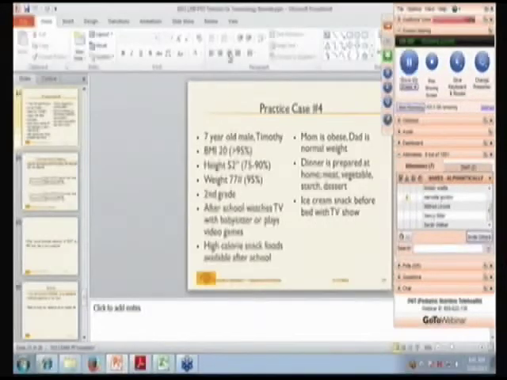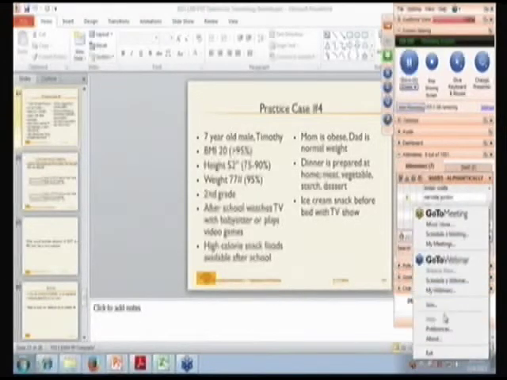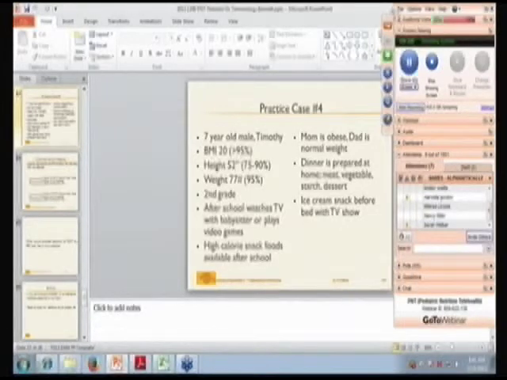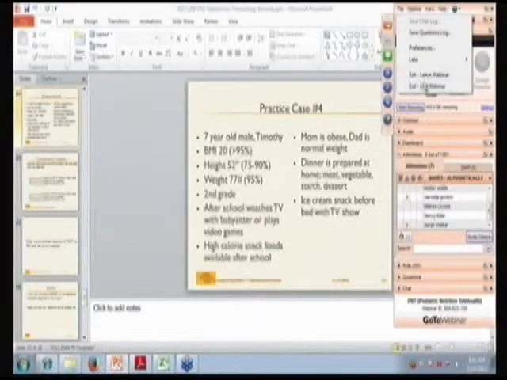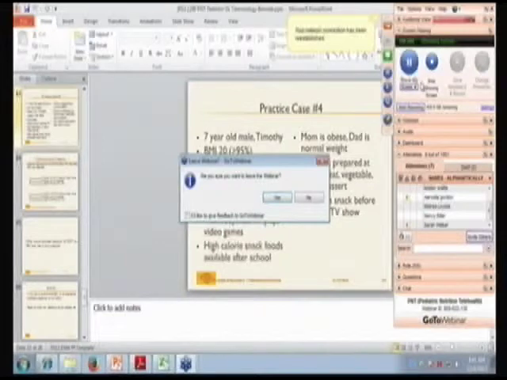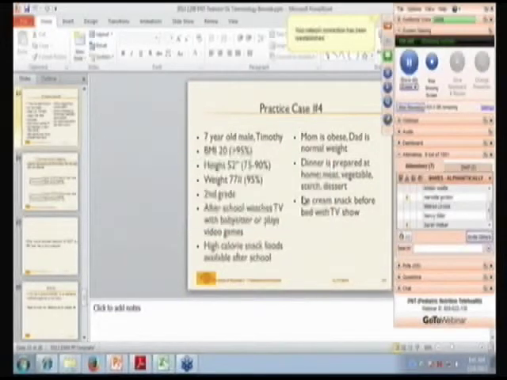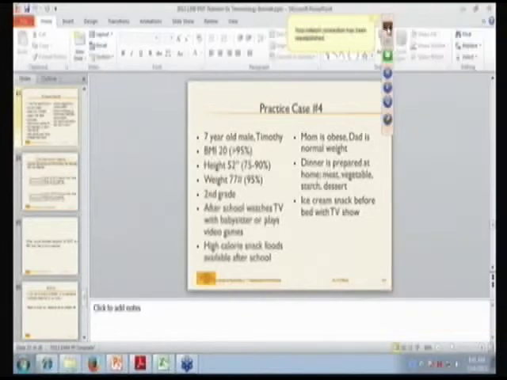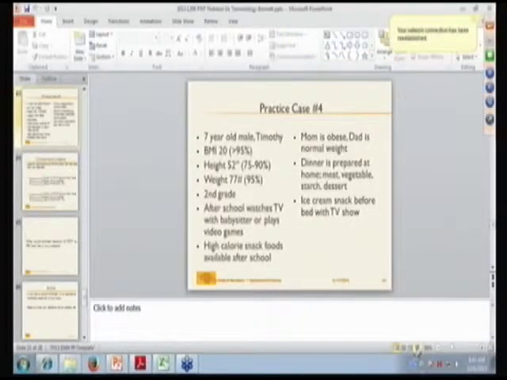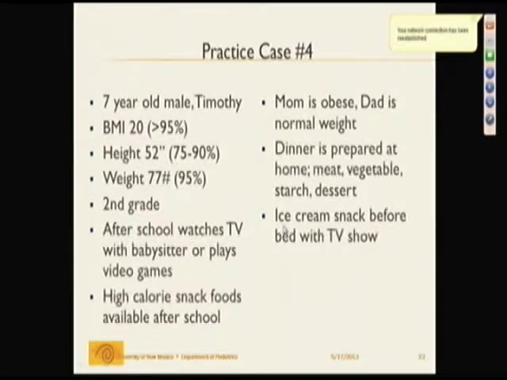Okay. So in this 7-year-old whose BMI is at 20, at greater than the 95th percentile, his height's between the 75th and 90th. His weight is at the 95th percentile for his age. He watches a lot of TV after school with the babysitter or plays video games. He has high-calorie snack foods available after school.